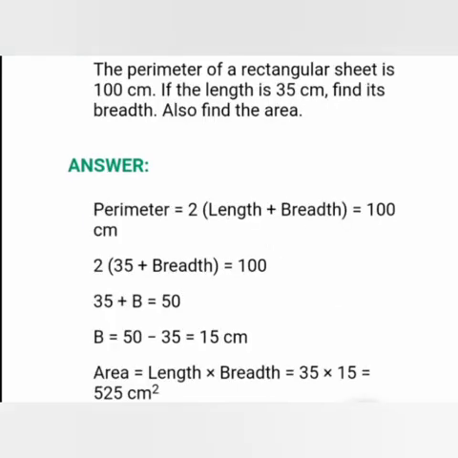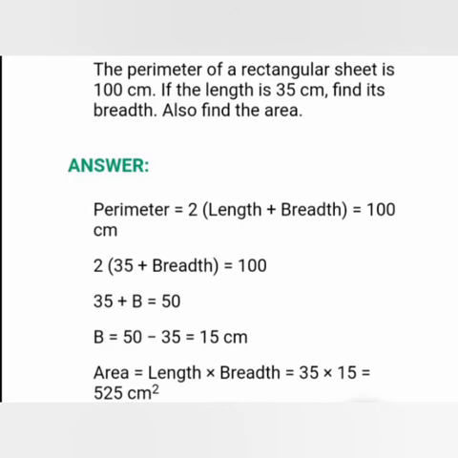Let's see one more example. The perimeter of a rectangular sheet is 100 centimeter. If the length is 35 centimeter, find its breadth. Also find the area. We have to find the breadth as well as the area. So the perimeter of a rectangular sheet is equal to 2 times (length plus breadth), and the perimeter is given as 100 centimeter.